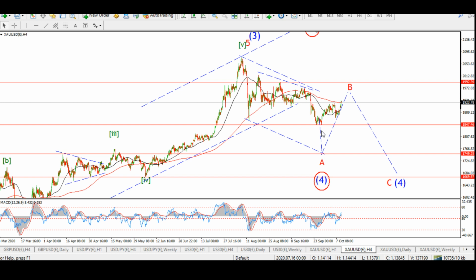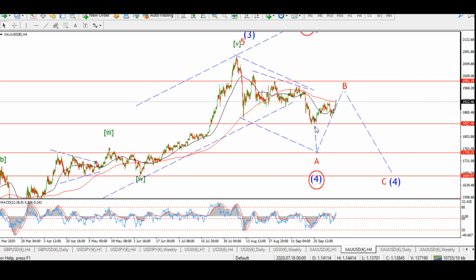There is no reason per se why this can't be the final low of either wave A or the larger degree wave 4, but in both cases, if this is wave C of a three-wave move, so you've got wave A down and a B wave triangle, and then wave C down, I would expect wave C to at least match wave A, but more likely to extend further than wave A.